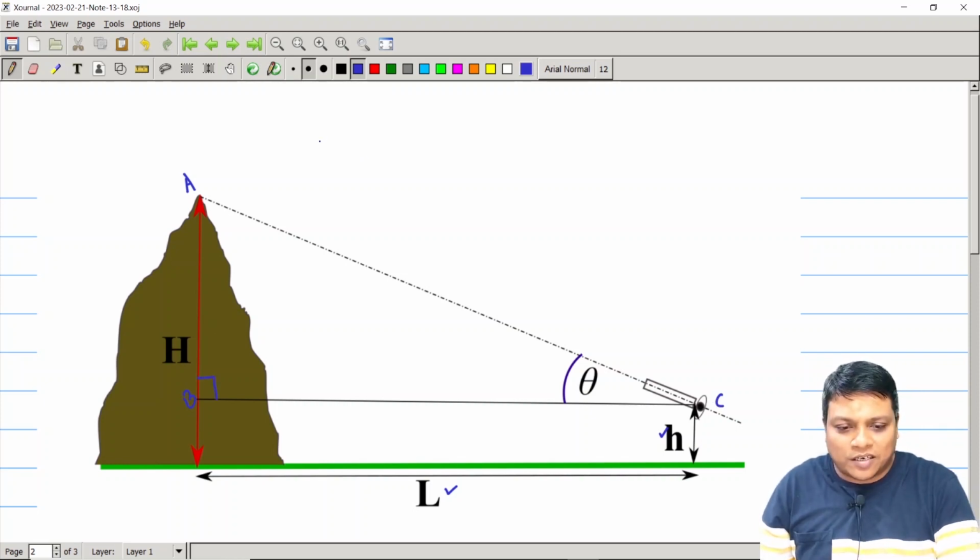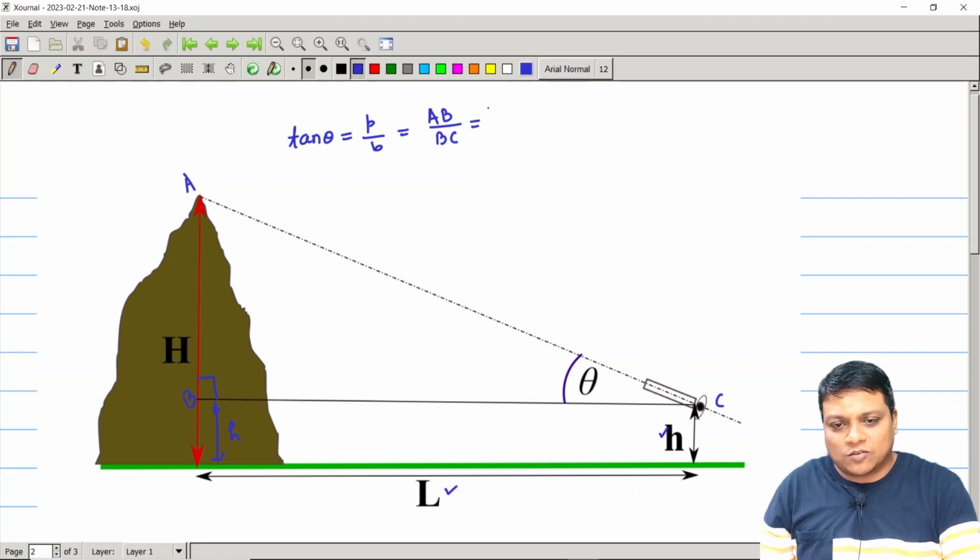Using the tangent function, tan of theta is nothing but the perpendicular by base. In this case the perpendicular is AB and the base is BC, and we can easily verify that AB is equal to capital H minus small h, and the value of BC is L. So the height of the mountain, capital H, is equal to small h plus L into tan of theta.